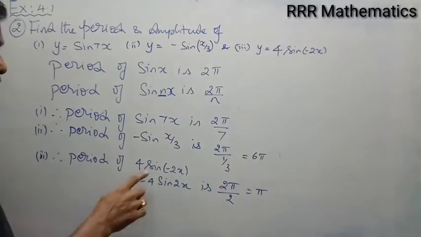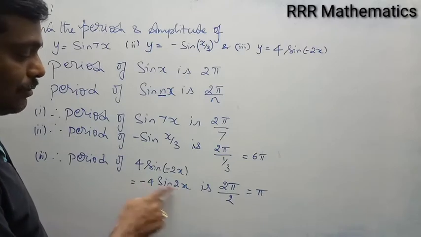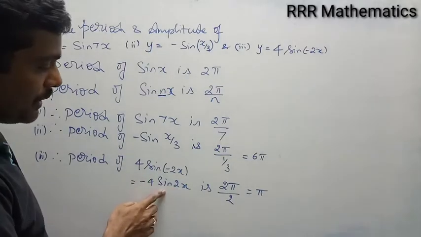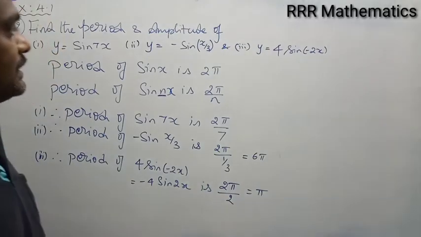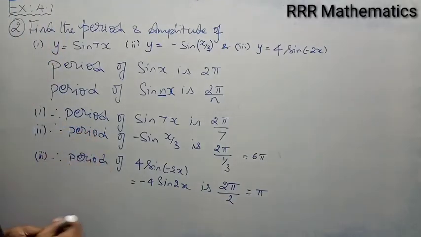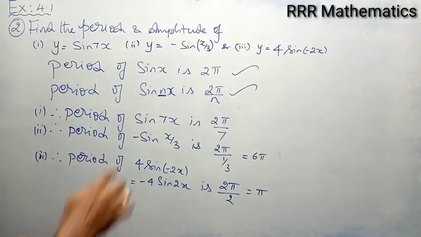For the last one, sine minus 2x becomes minus sine 2x with this 4. So what is the period? 2 pi divided by the x coefficient 2, that is pi here. Is it clear? Very simple. Just remember this content. The period of sine x is 2 pi. Therefore the period of sine nx is 2 pi by n. Is it clear? That's all.